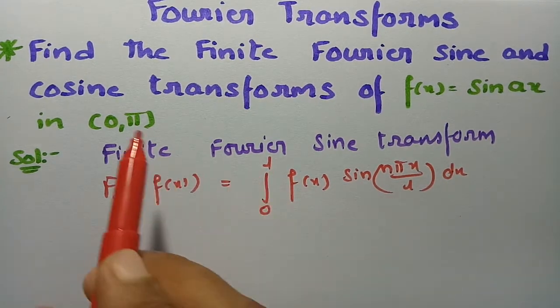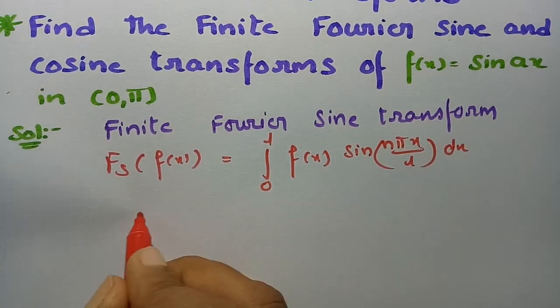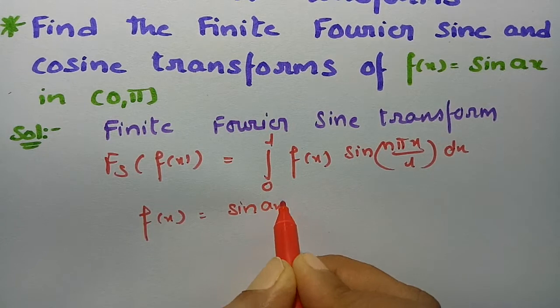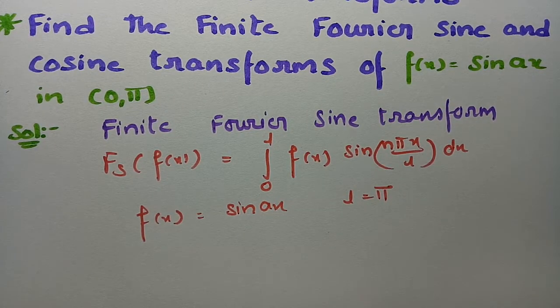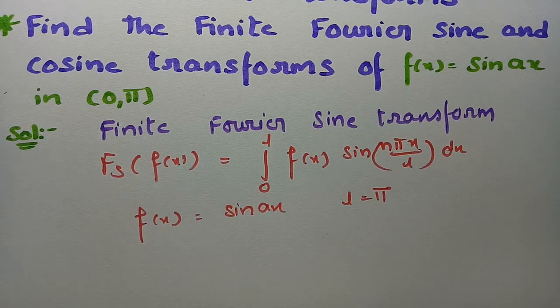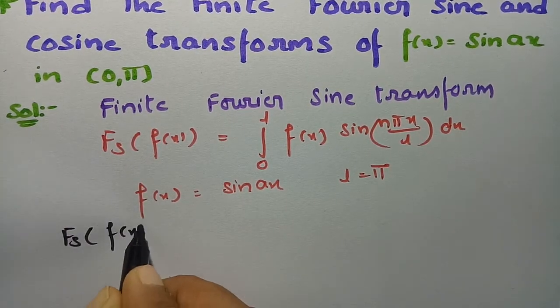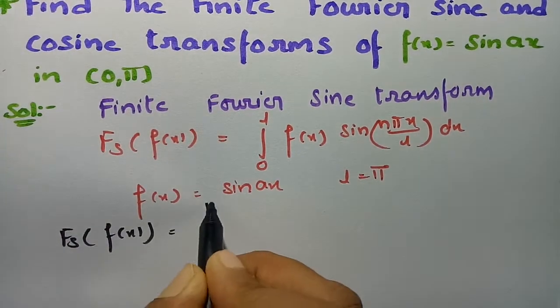So here L value is nothing but pi and f of x is nothing but sine ax. So from the question, f of x is given as sine ax and L is equal to pi. Now I'll substitute the value of pi here. The Fourier sine transform of the function f of x is equal to the integral from 0 to pi.